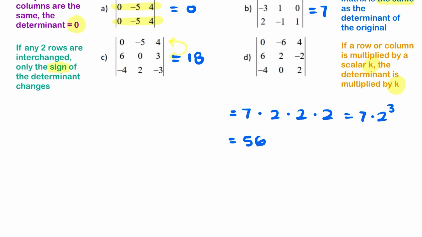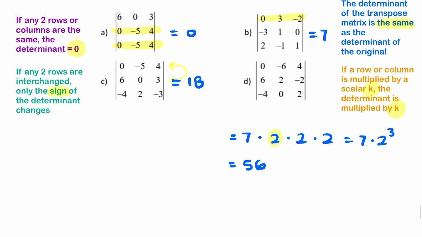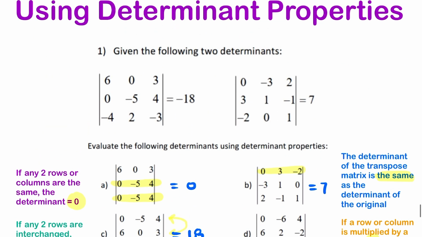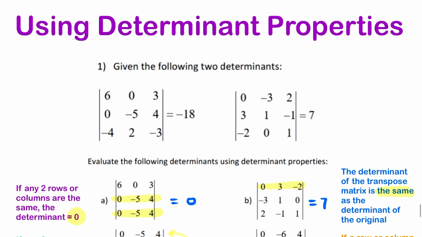So the key is it's multiplied by 2 for every row that's multiplied by k. So in this case, 3 rows, so 2 to the power 3, 8 multiplied by 7, that gives you 56. So that's how you would use the determinant properties to find the determinants of these matrices.